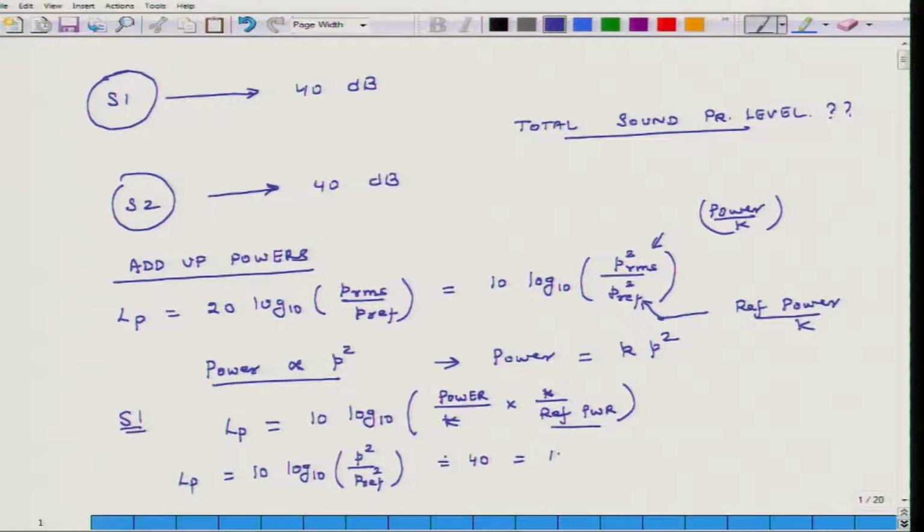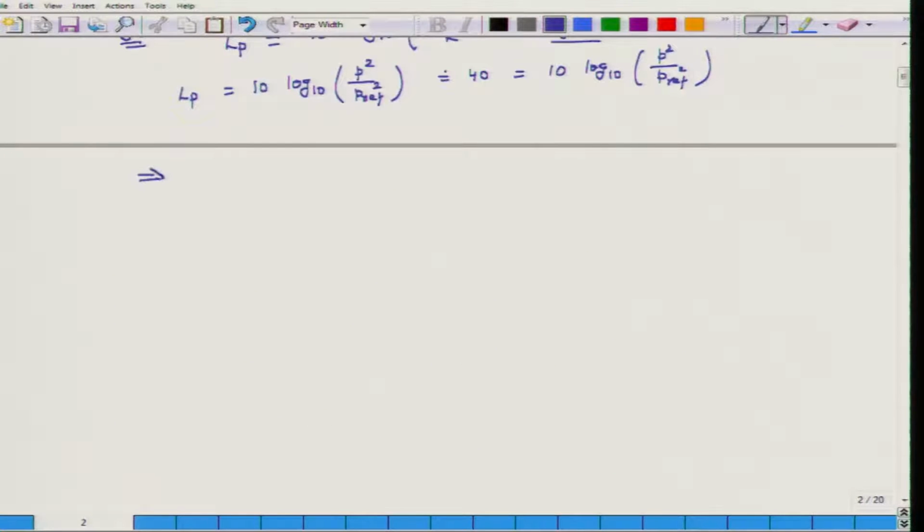So, this equals 10 log10 of P square by P ref square, or equivalently 10 to the power of 4 equals P square by P ref square, which means P square equals 10 to the power of 4 times P ref square.